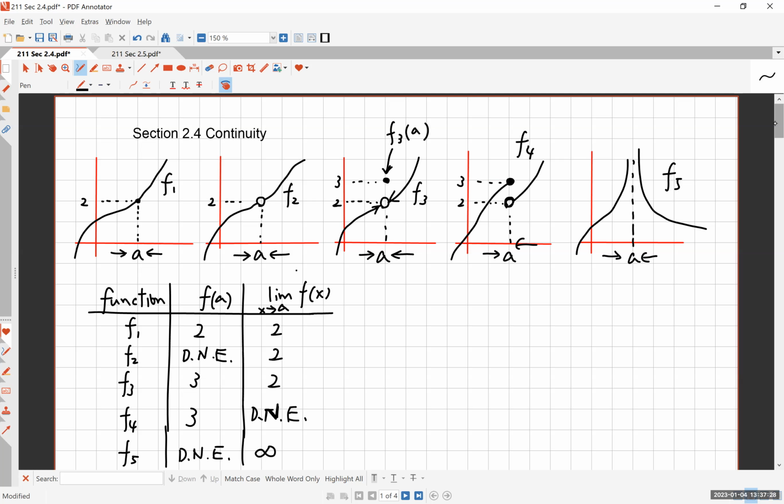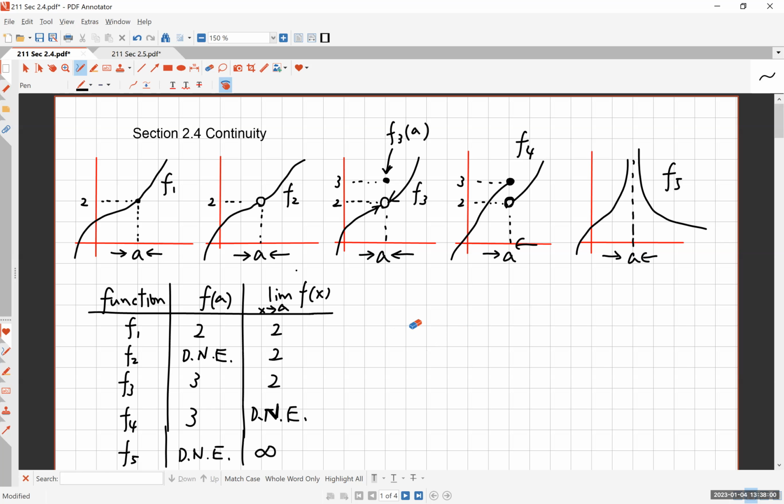Now, of all of these, which one do you think is continuous? What is continuity anyway, right? You might say, if it's continuous, it shouldn't have a hole. Maybe you learned continuity as being able to draw it in one stroke of a pen or pencil without lifting the pen or pencil. So if you have to go like this or go like that, it's not continuous.